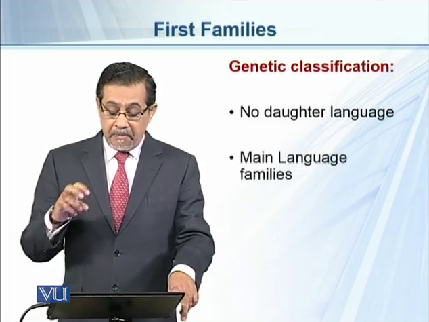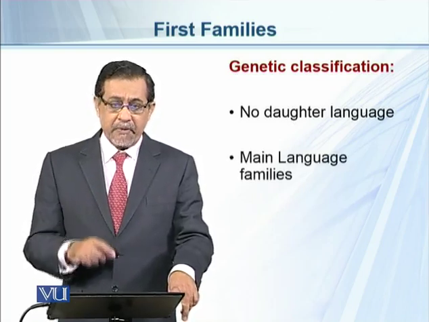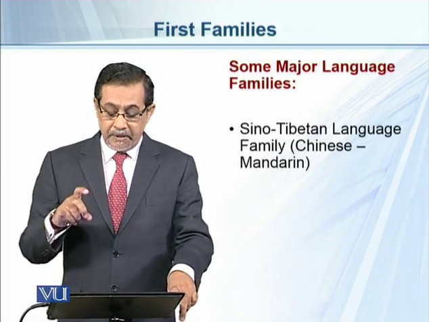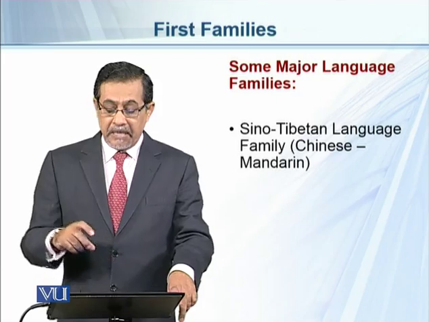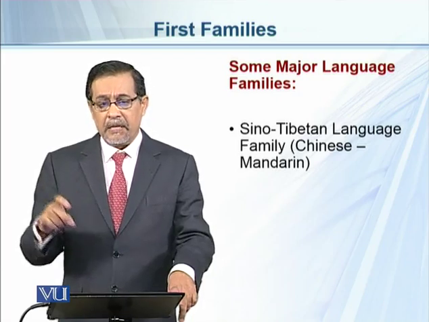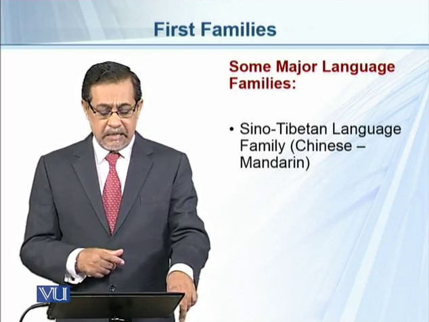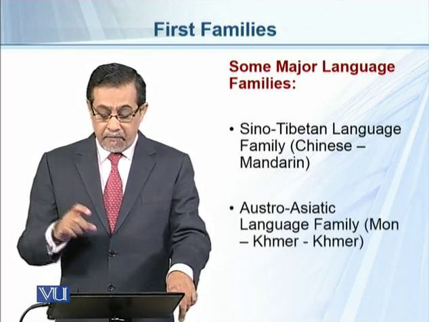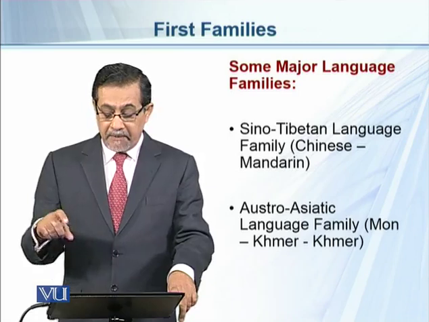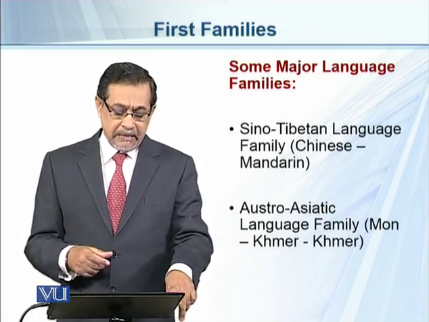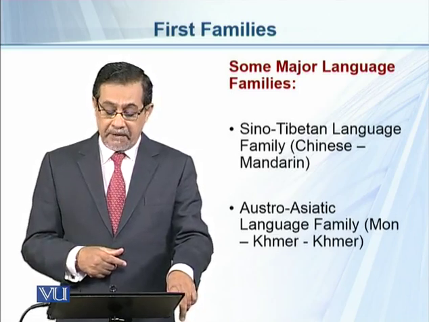Let's now look at some of the main language families. For example, we have the Sino-Tibetan language family, and Chinese Mandarin is a member of this language family. We have the Austro-Asiatic language family. Mon Khmer is a member of this language family.